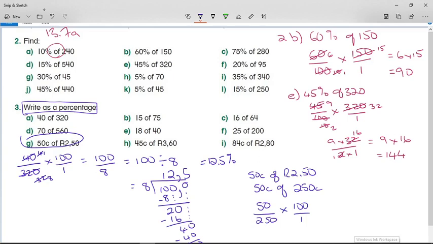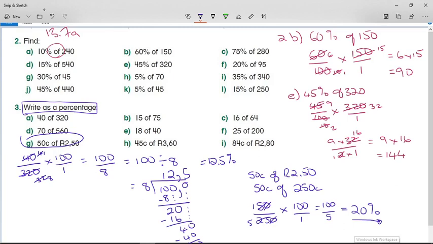So I'm going to divide the top by 10, gives me 5, the bottom by 10, that gives me 25, and then 5 goes into 5 once, 5 goes into 25 5 times, so then I've got 1 times 100 is 100 over 5 times 1, which is 5, so 100 divided by 5 is 20. So 50 cents expressed as a percentage of 2 Rand 50 is 20%.